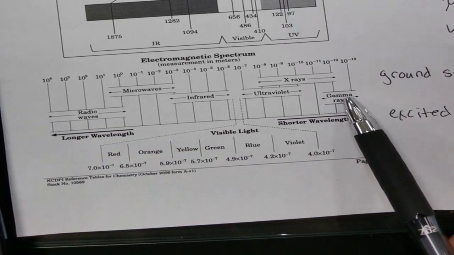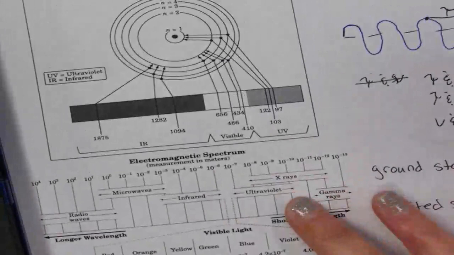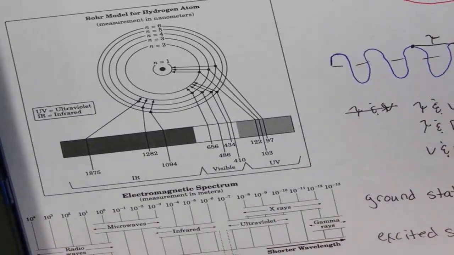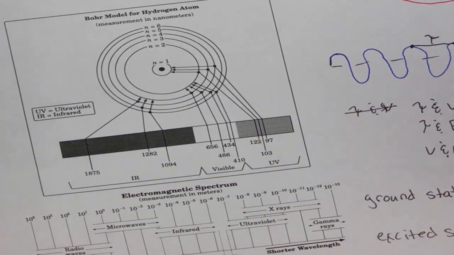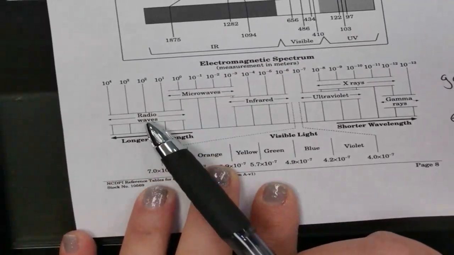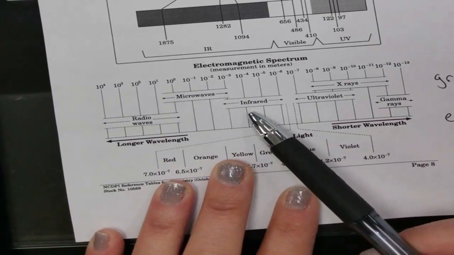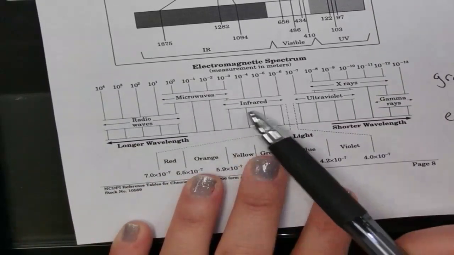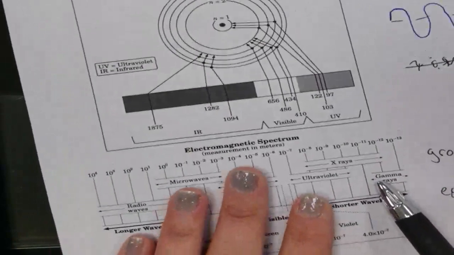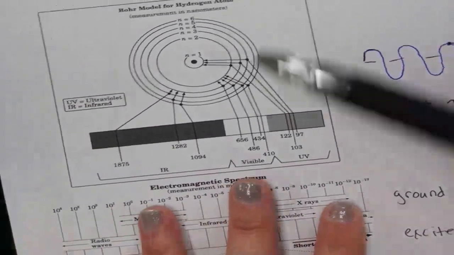Now, when an electron falls to ground state, light is released in some sort of photon of light, whether it be the radio wave, the microwave, the infrared. So all of these different parts of the electromagnetic spectrum are specifically determined by electron movement.